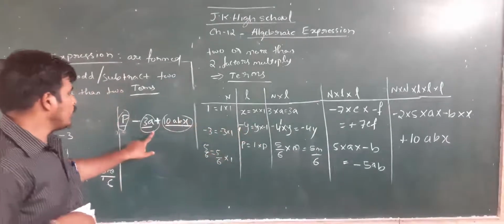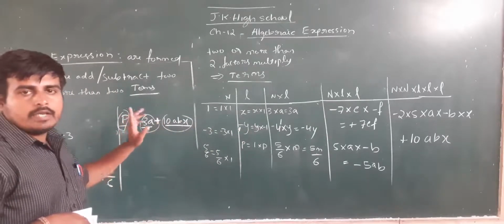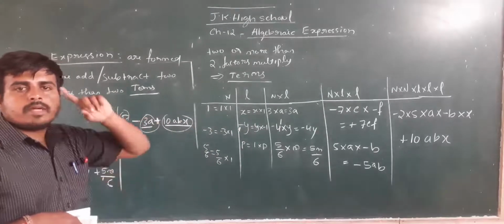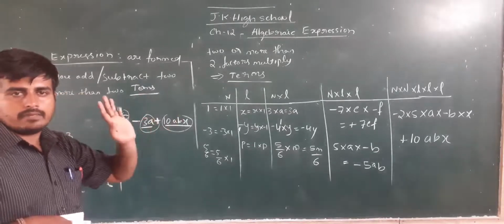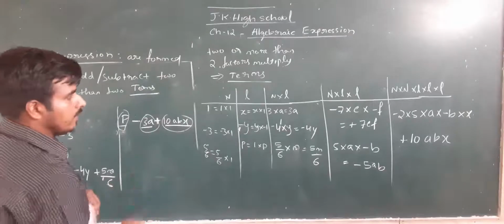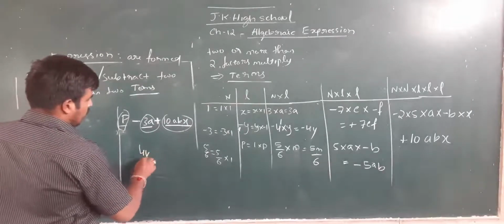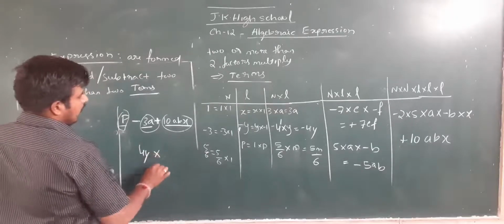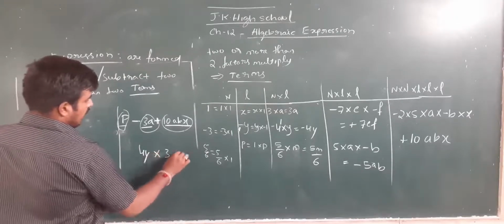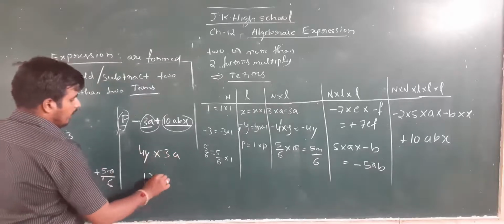But in between two terms, there is addition or subtraction. If multiplication comes, it will become a single term. It is not considered to be different terms. Remember this. Suppose I write 4y into 3a, it will become 4 into 3 is 12, a into y is ay.